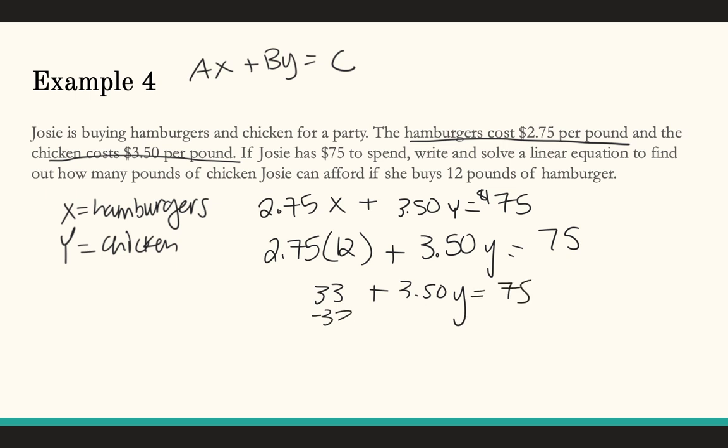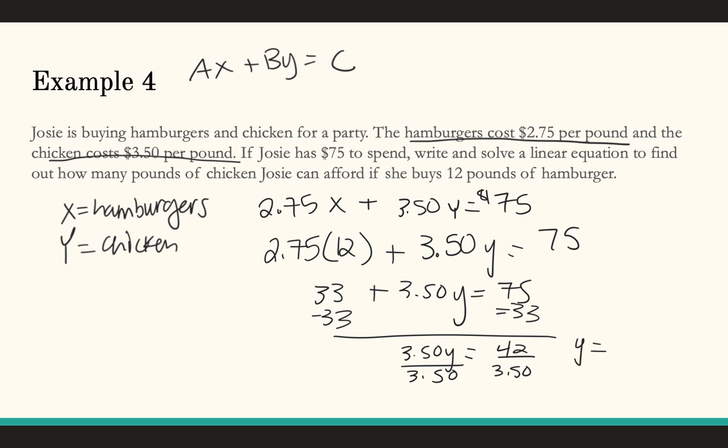I'm going to subtract 33 from both sides because I want to solve for that y. I get 3.50y equals 42. And then I divide both sides by 3.50. So we can find out that Josie can also buy 12 pounds of chicken.